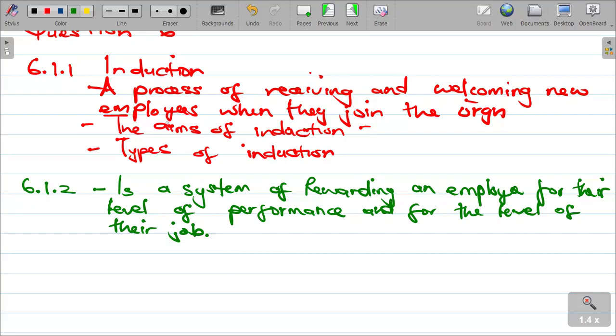We can also talk about the aims of reward management. Maybe you can say it aims to reward employees fairly.